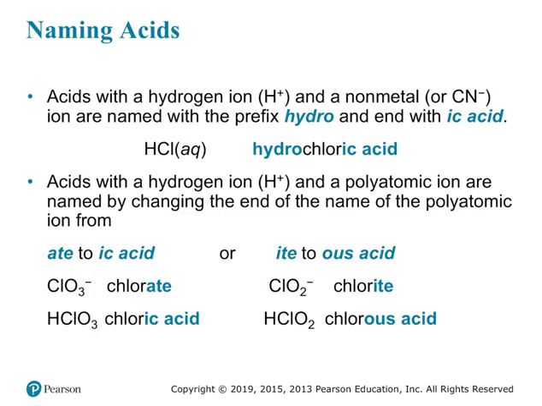So let's talk about how to name acids. We already mentioned hydrochloric acid. This is an acid that has a hydrogen ion and a non-metal, so we would call that a binary acid because it only has two components to it, the hydrogen ion and the non-metal. You would name this by using the prefix hydro, then the first syllable of the non-metal, followed by ic acid.